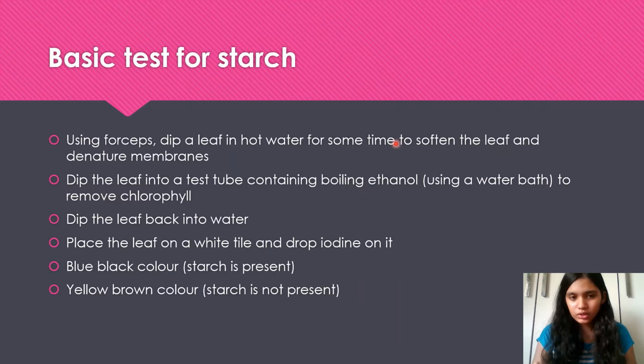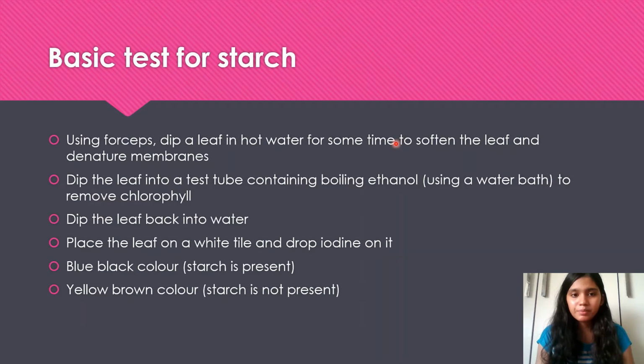So you use forceps and you dip a leaf into hot water for some time. This softens the leaf and denatures membranes because the hot water has an effect on proteins, as spoken to you about in chapter 5. The shape of the proteins gets disrupted and the membranes denature, so it makes the cell more permeable.